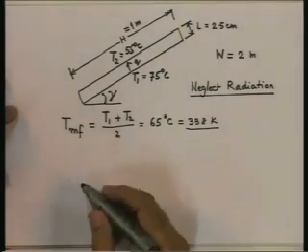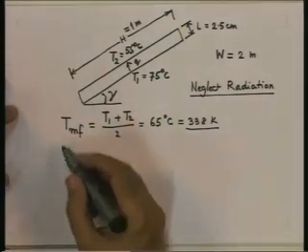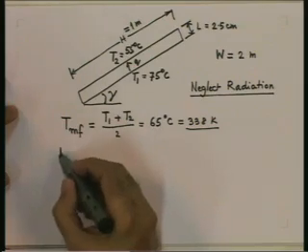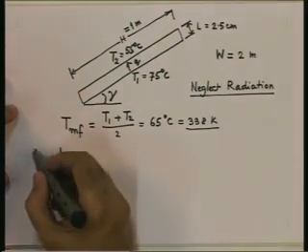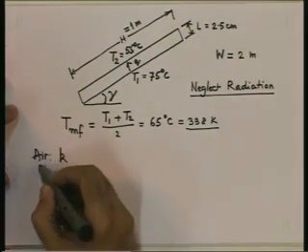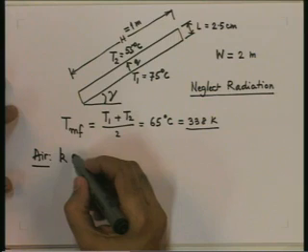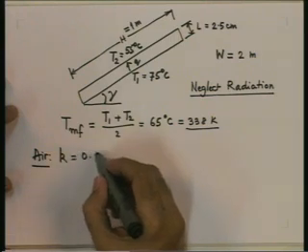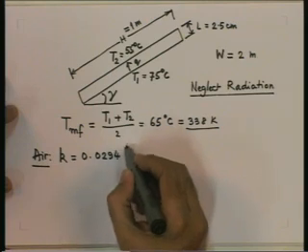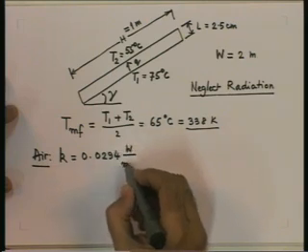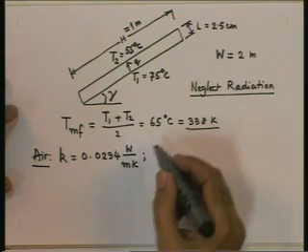At this temperature, let us determine properties of air. Conductivity 0.0294 watt per meter Kelvin.